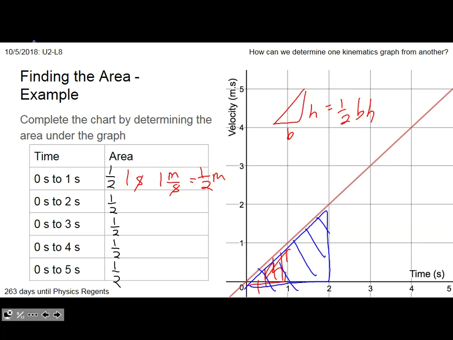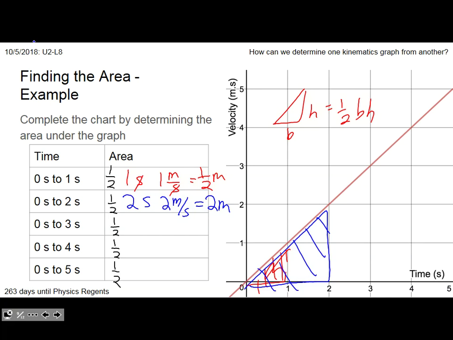What is the base of the blue triangle? 2, and the unit? Seconds. Now, what is the height of this triangle? 2 meters per second. So do a half times 2 times 2. That would be 2, and the unit is meters.